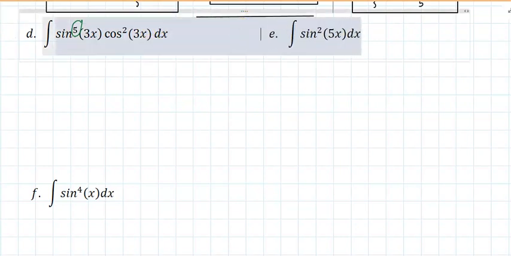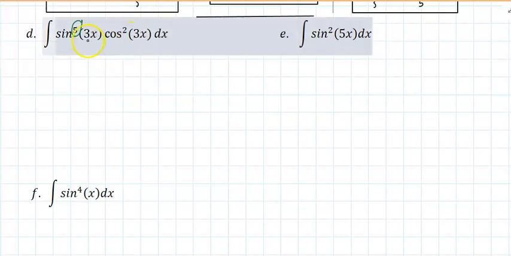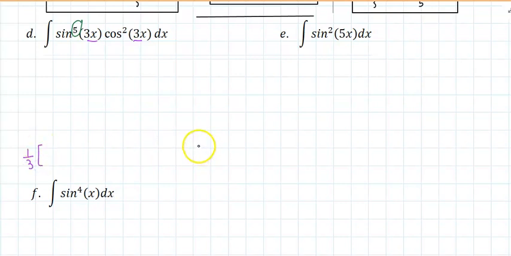We can do that. So, again, the fact that this is a 3 tells me that if I let u equal 3x, du will be 3dx. I'm going to pick up a 1/3. If I can remember at the end to write 1/3 times whatever I get out of that integral, I don't have to worry about the 3x. I could just use x. And if I'm not sure, no big deal.